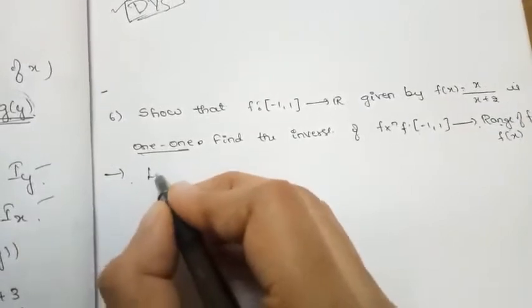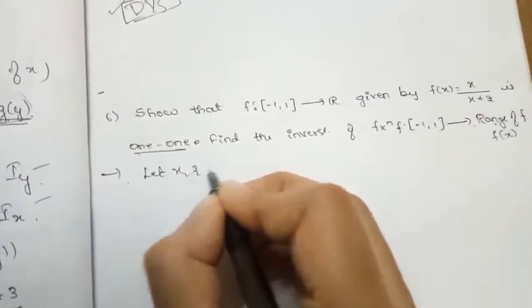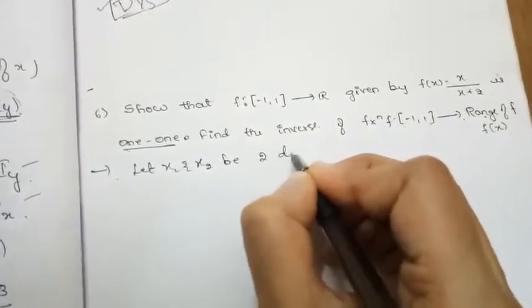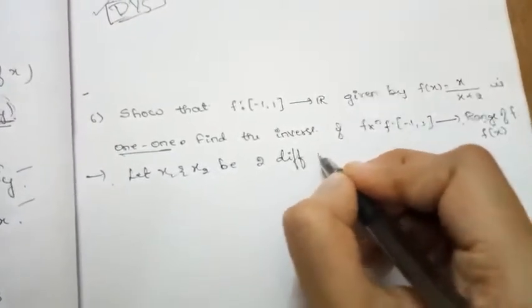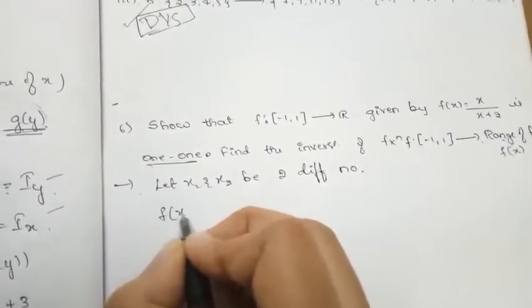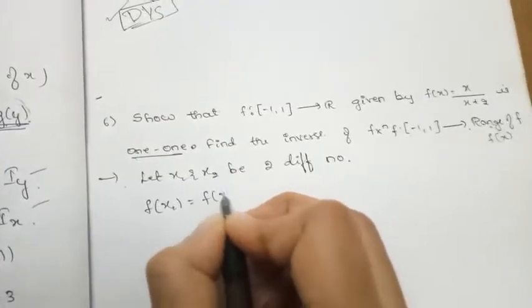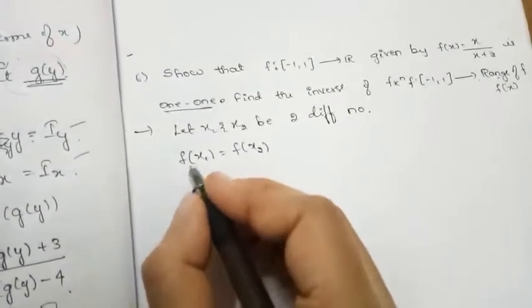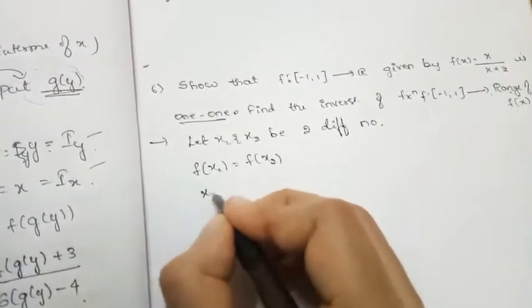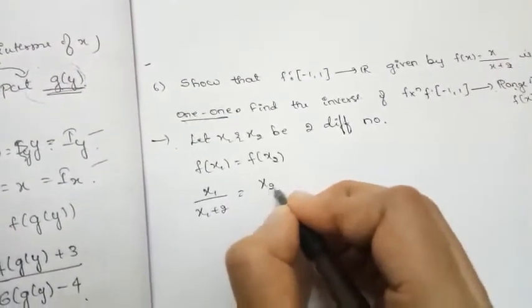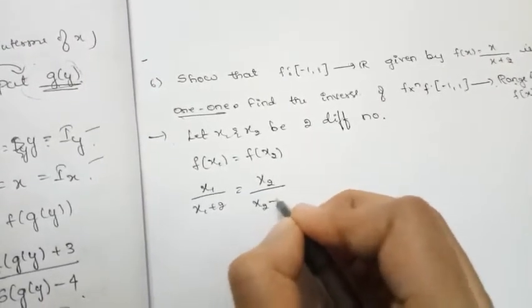First, let x1 and x2 be two different numbers. As usual in the beginning, that is how we generally prove a one-one function. So if f of x1 is equal to f of x2, what does this imply? What is f of x1? x1 divided by x1 plus 2 is equal to x2 divided by x2 plus 2.